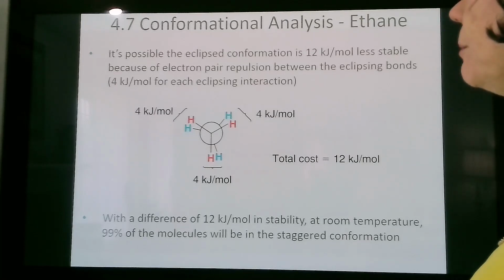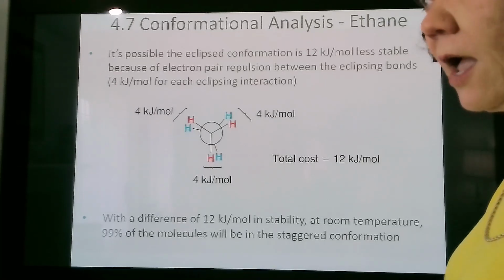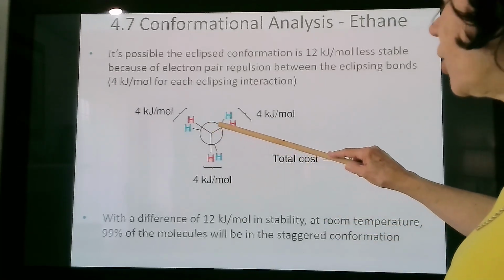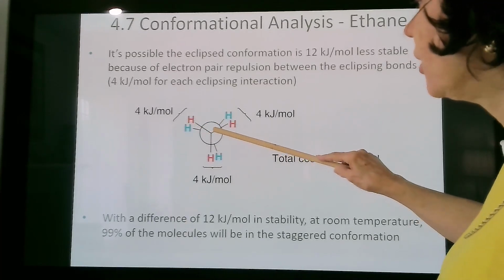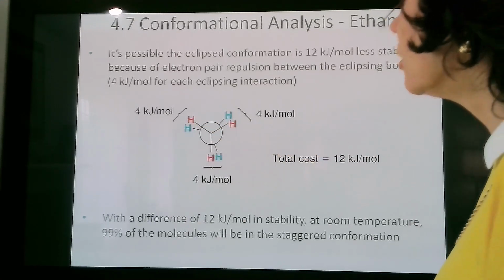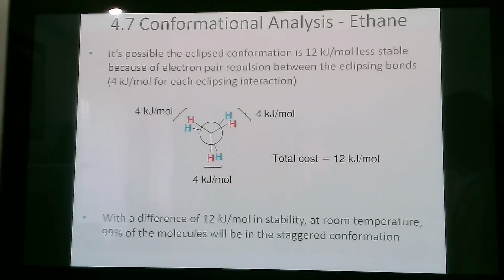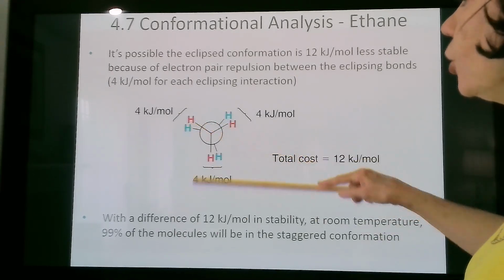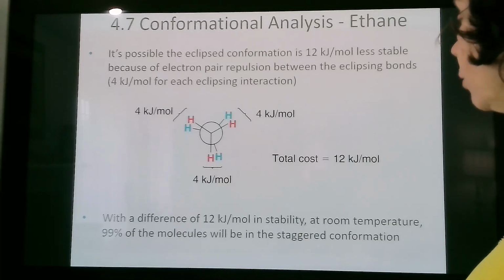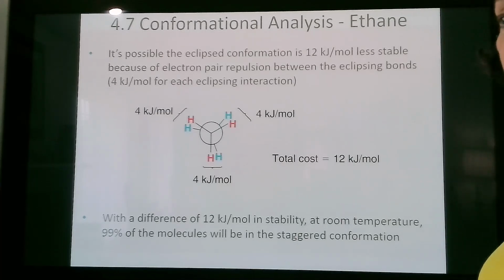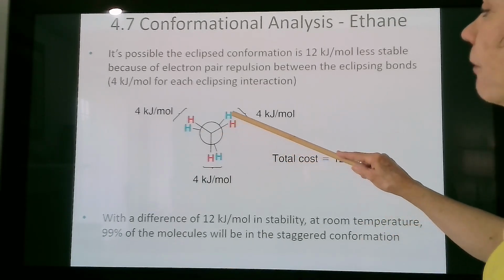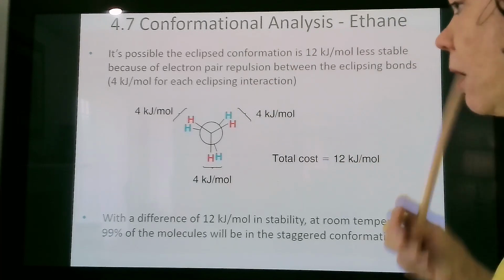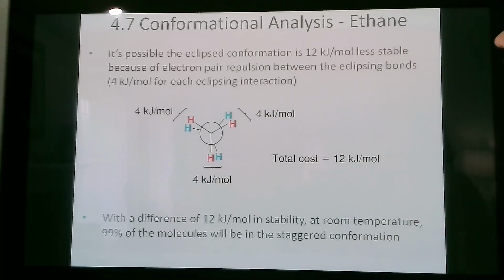And since there's 12, it's calculated that each one of these eclipsing interactions costs 4 kilojoules per mole. Eclipsing of 2 CH bonds is 4 kilojoules per mole. Keep that in mind because we're going to have to use that number in a minute.